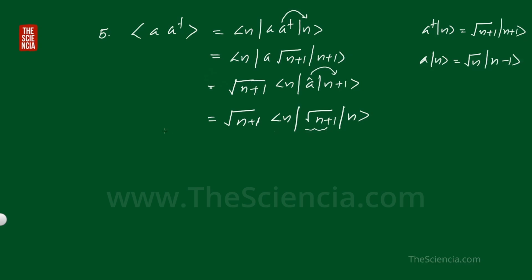So this is a constant, we can take it outside, √(n+1) × √(n+1) ⟨n|n⟩. Here this value is equal to 1, therefore the expectation value of aa† is equal to n+1.